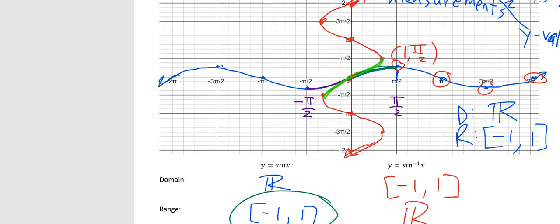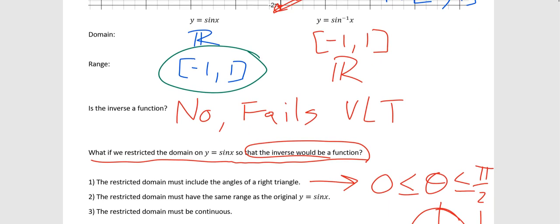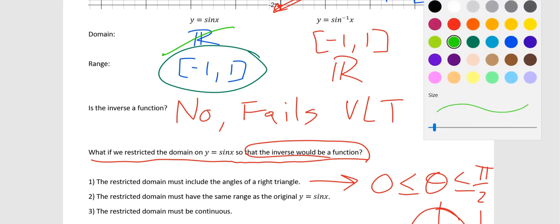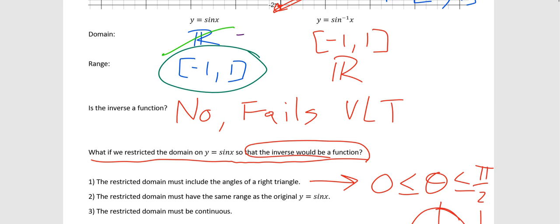Okay. So we took this giant range and we restricted it down to just -π/2 to π/2. And we're going to put some brackets around it because we included the endpoints.